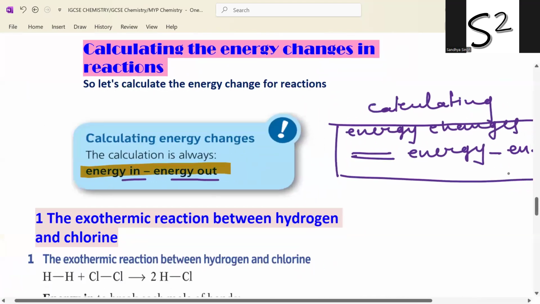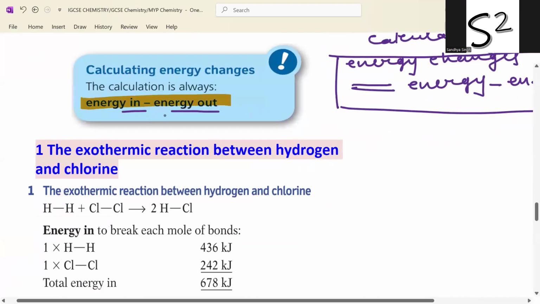Look here, it is written here: energy change. To calculate it, energy in minus energy out.